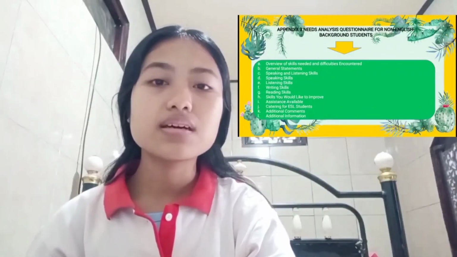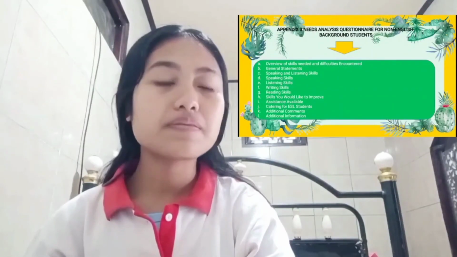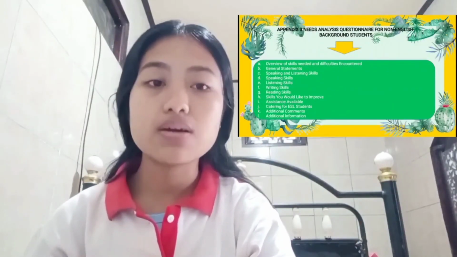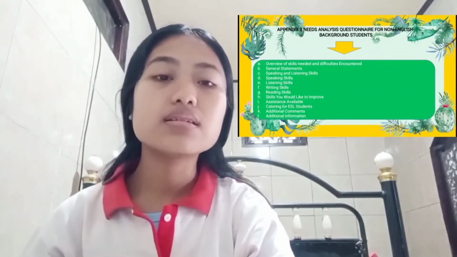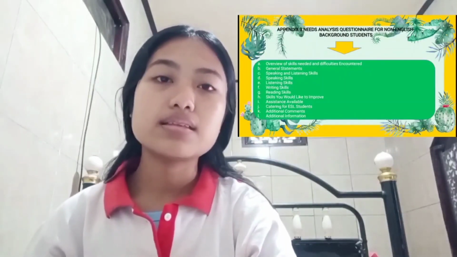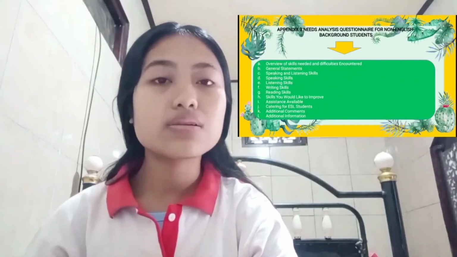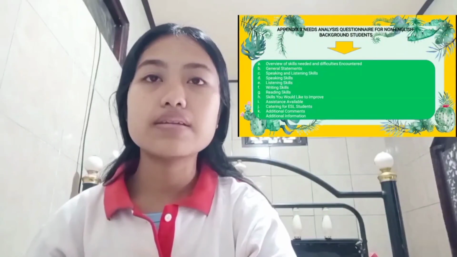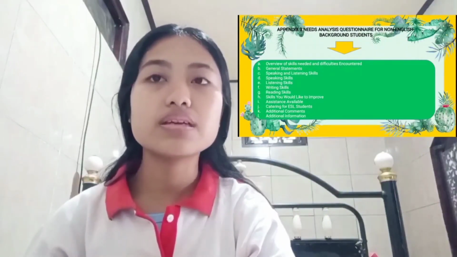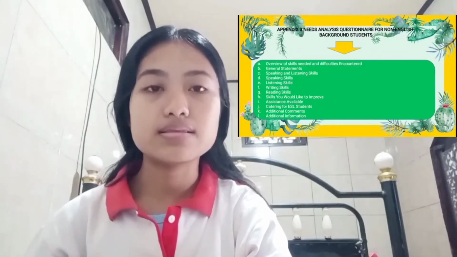This appendix tells about the students' questionnaire used at the University of Auckland, New Zealand from Gravatt, Richards and Lewis, 1997. And then you can see on the slide an overview of skills needed and difficulties encountered, general statements, speaking and listening skills, and others. That's all about the presentation from Group 3, and thank you.